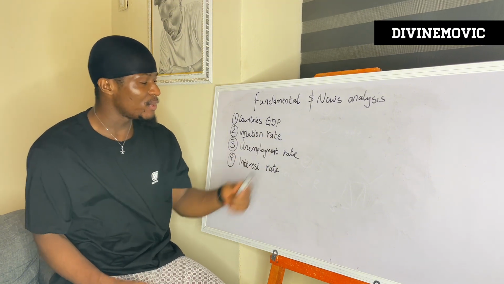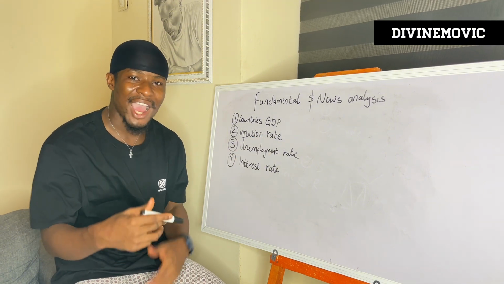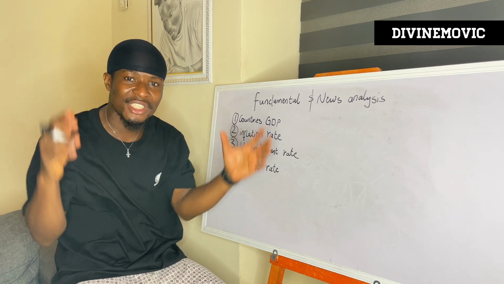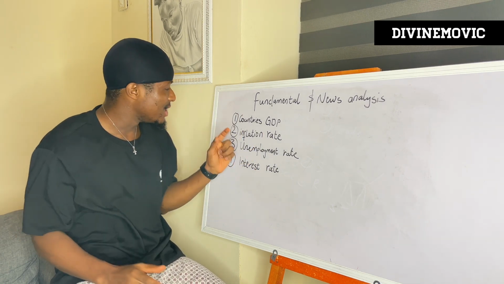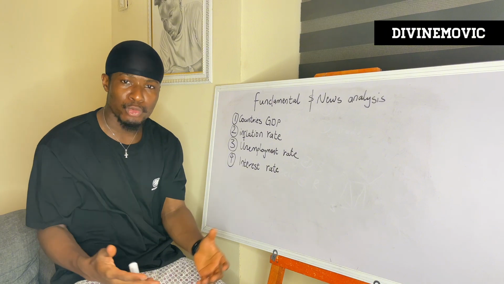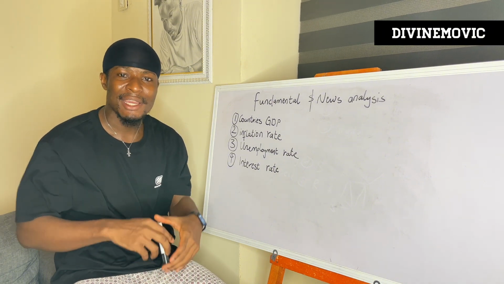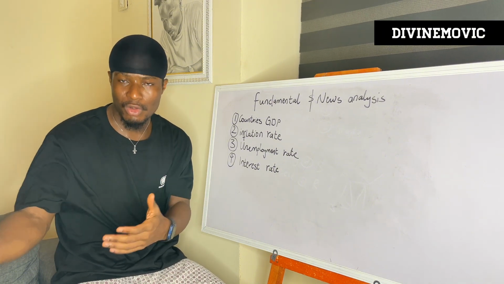Now, a country's GDP is simply what tells how good or how bad the country's economy is. Inflation rate is simply what tells us how well people can afford things in the country.